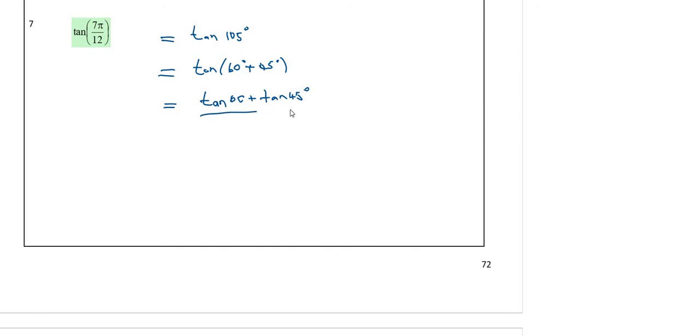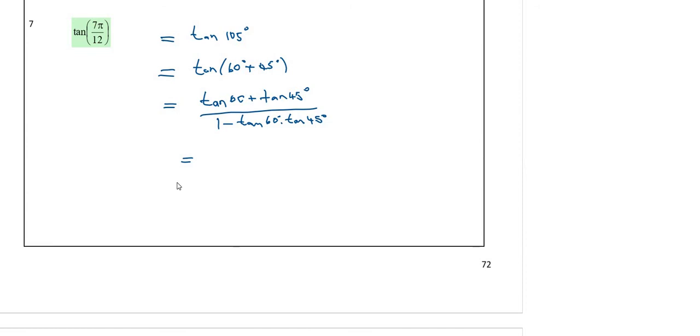at the top with the sign, at the bottom against the sign. So 1 minus tan 60 tan 45. Go to your special triangles that you need to always show and find what you should find there. In other words, what is the tan of 60, etc., from your triangle.